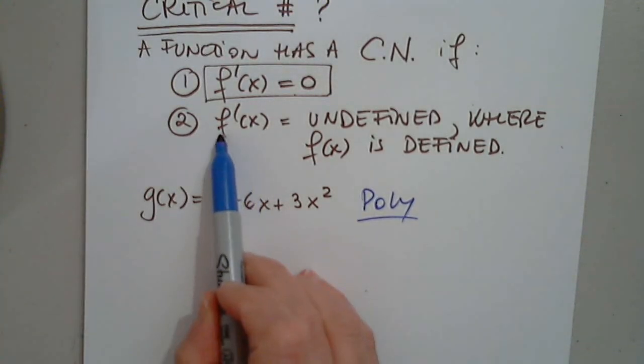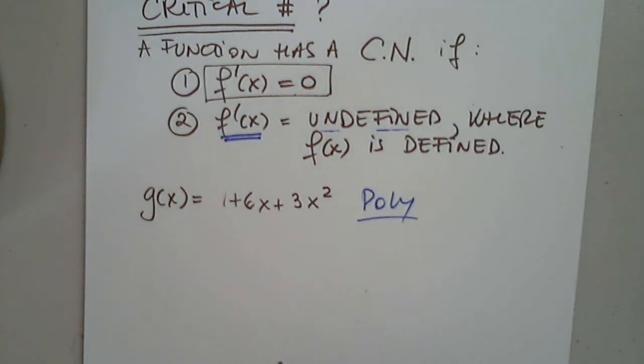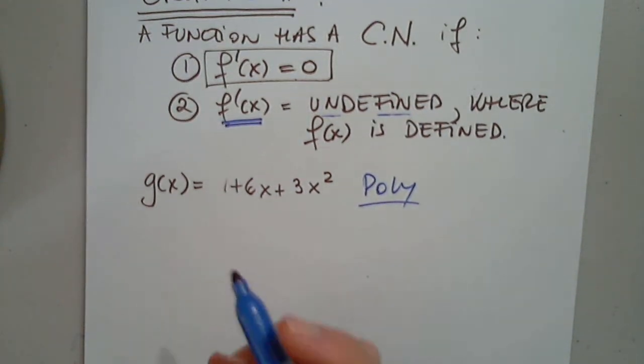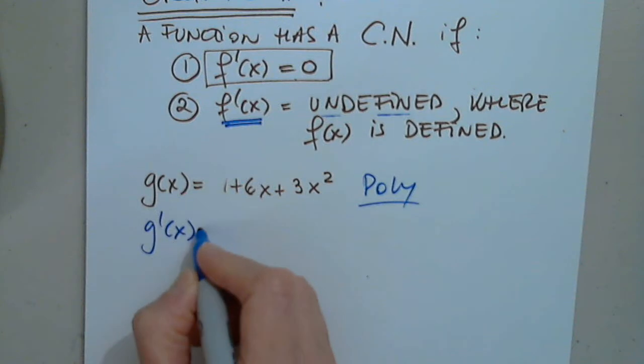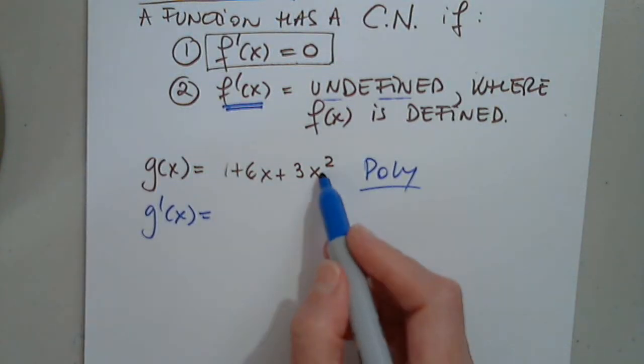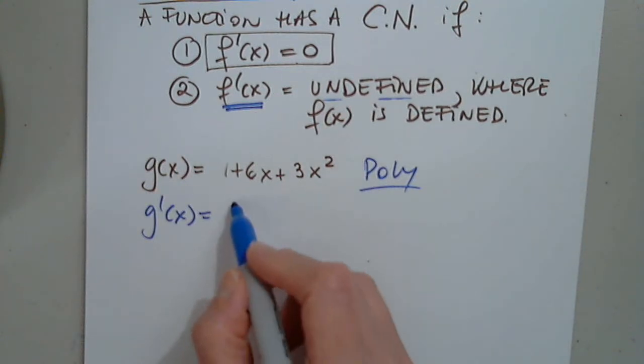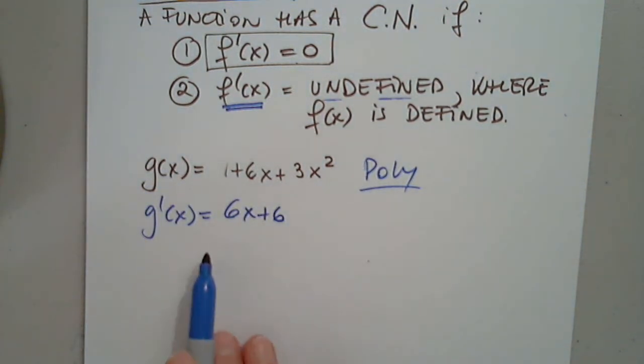So do you think that its derivative will ever be undefined for a polynomial function? Let's determine it. Can anyone give us g prime? 6x plus 6. Yes, very good, wonderful. Will this ever be undefined?